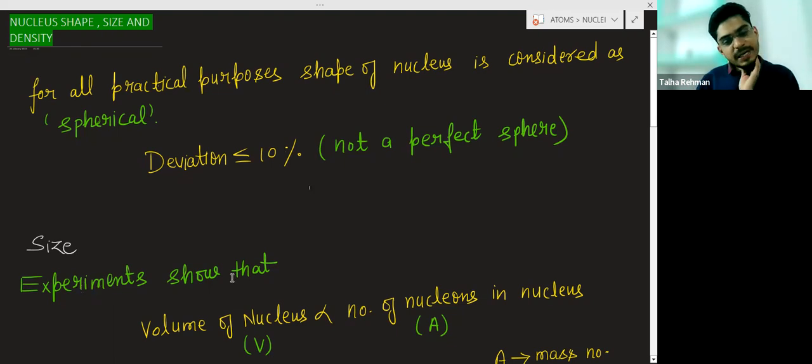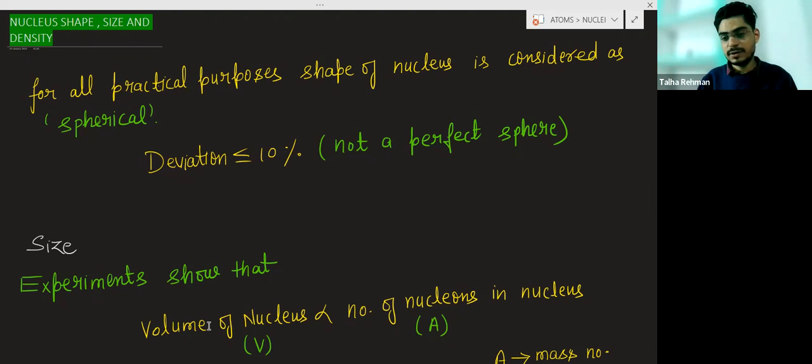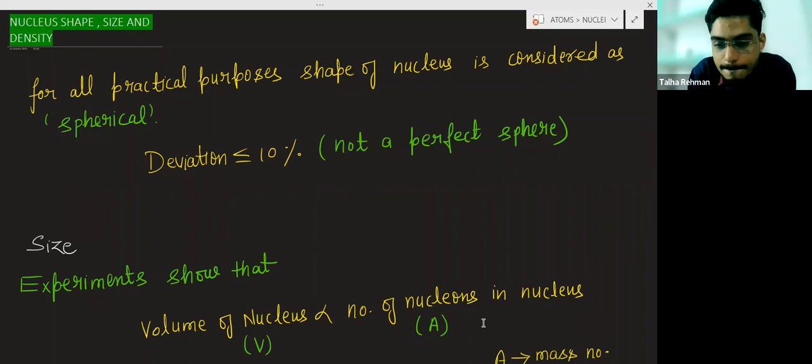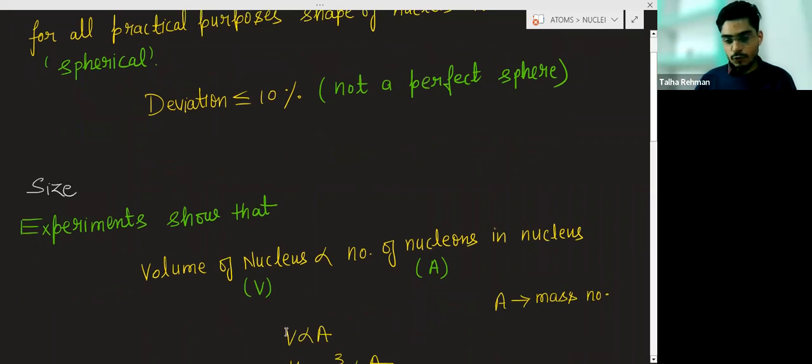Experimentally, it is found that the volume of any nucleus, meaning the nucleus of any element, is directly proportional to the number of nucleons in the nucleus. Volume of nucleus is directly proportional to A. Why have I written A?